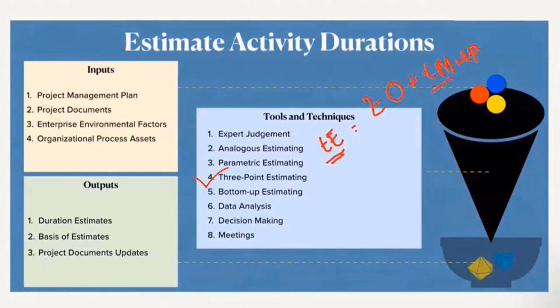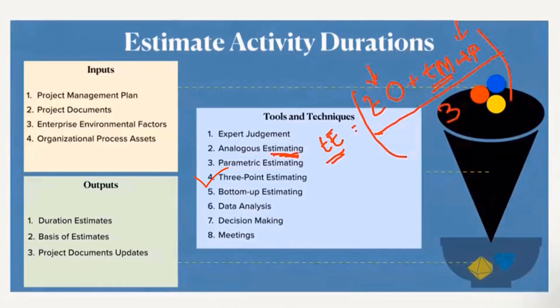What is TM? This is the estimated time that we have taken from our previous experience. So this is that simple formula. TM is the estimation based on our previous experience, TO is the best case scenario and TP is the worst case scenario.